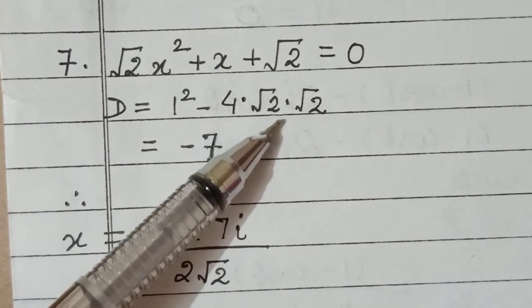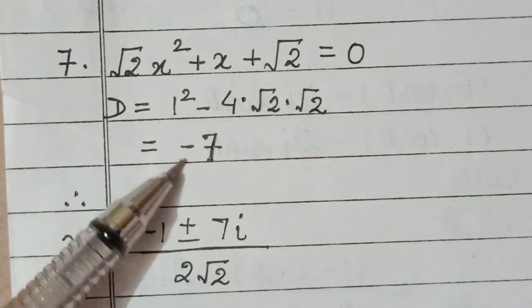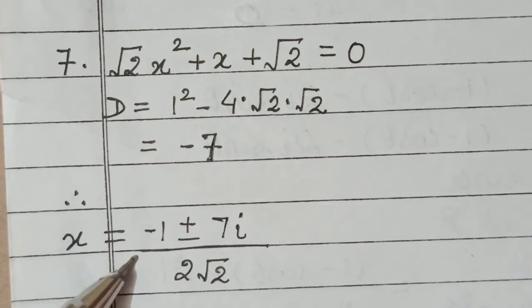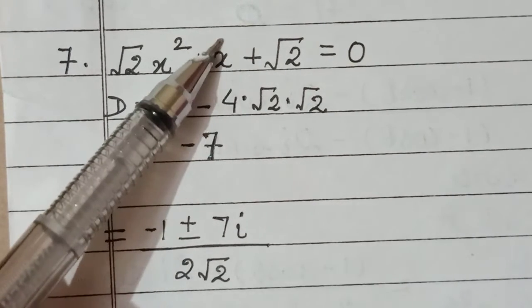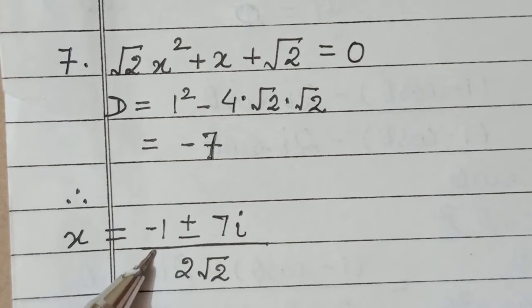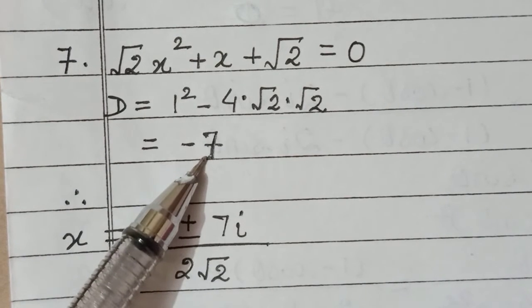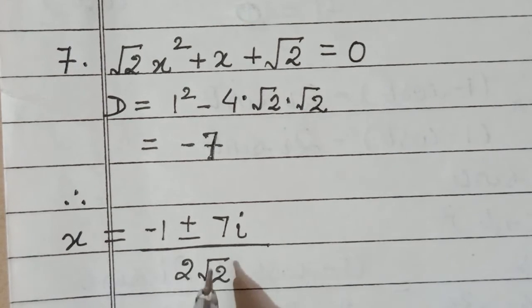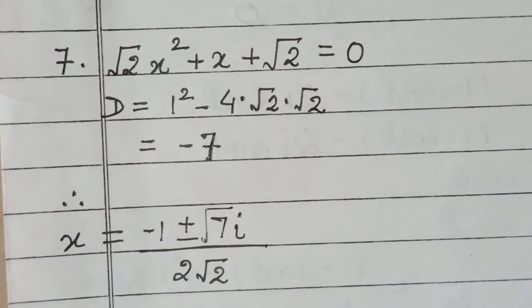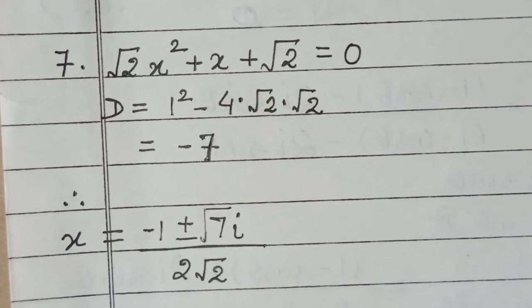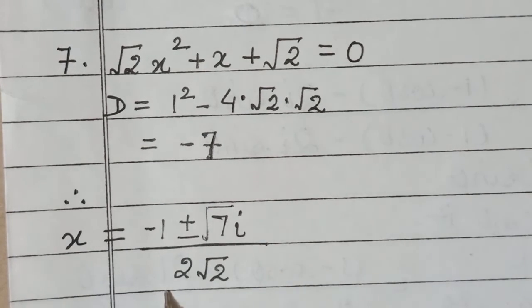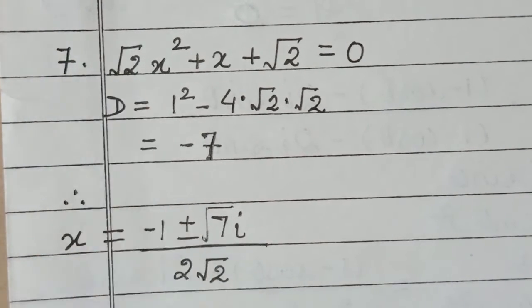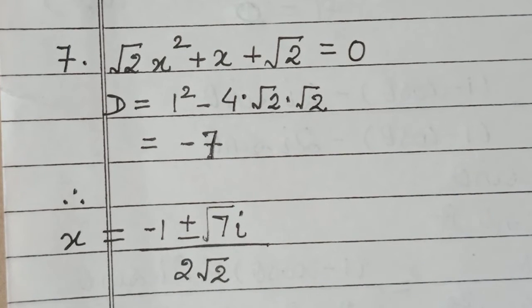Root 2 into root 2, 4 twos are 8, minus 8 plus 1 is minus 7. Now putting it in: minus b was 1 here. So minus b plus minus, and when you take its under root, it becomes root 7. Sorry, I've missed out that root sign. So it's root 7, and minus 1's under root will be written as i, and upon 2a. a was root 2.